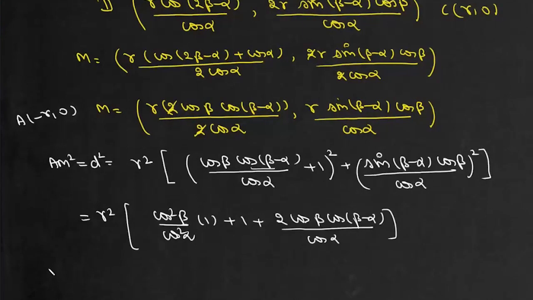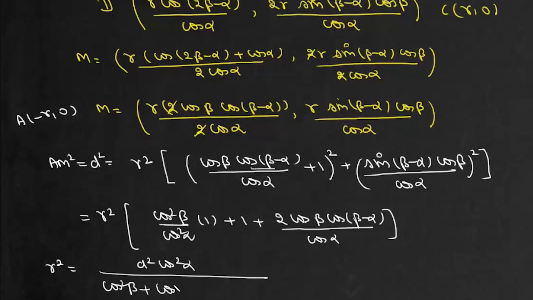So basically we can write this r square as d square cos square alpha upon cos square beta plus cos square alpha plus 2 cos alpha cos beta and cos beta minus alpha.